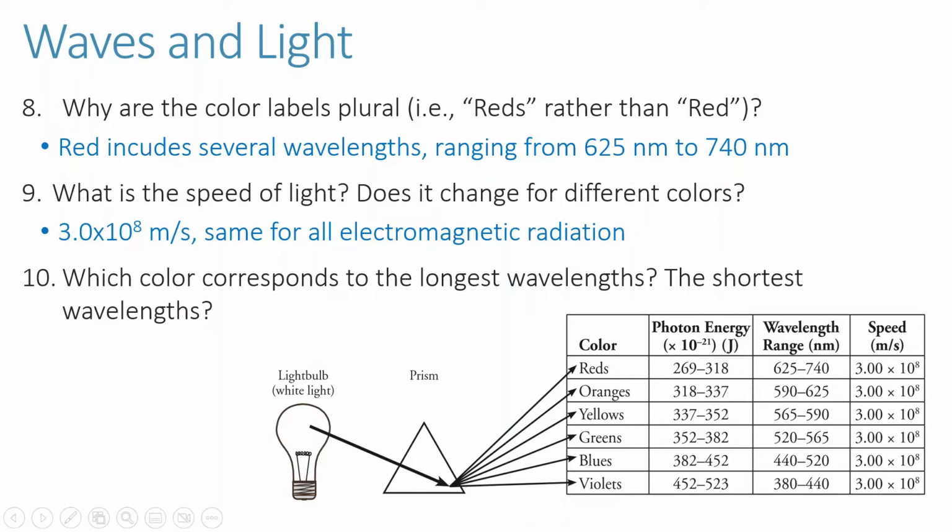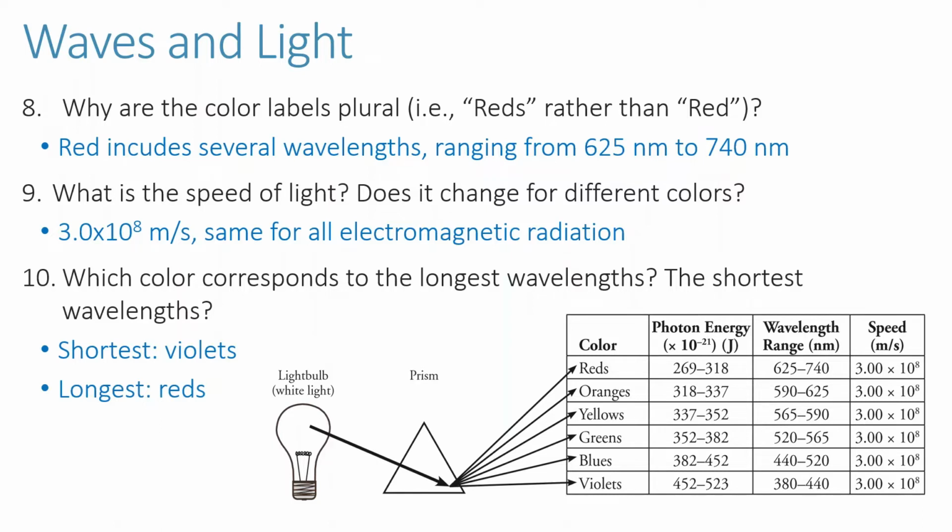Which color is the longest wavelengths and the shortest wavelengths? The shortest are going to be your violets and your longest are going to be your reds. Now, once we step outside the visible range of the spectrum, we have ultraviolet on the high energy end. That's what we call the wavelength shorter than violet.